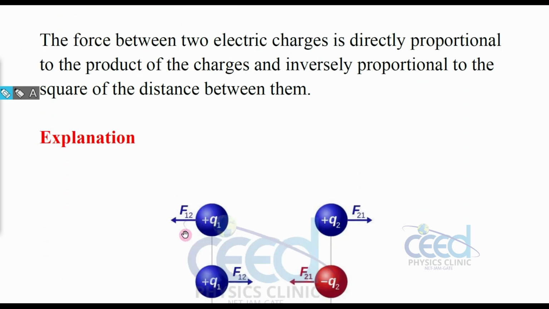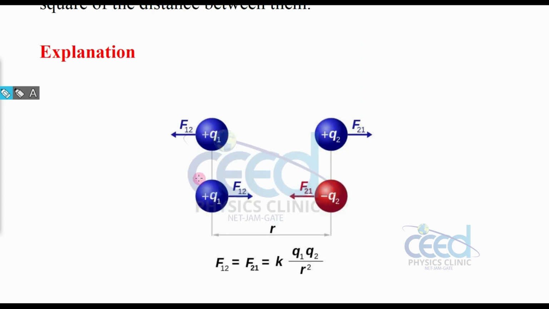Now we can see the direction of this force from this diagram. Suppose you have two positive charges, plus q1 and plus q2. Now let us define the force.